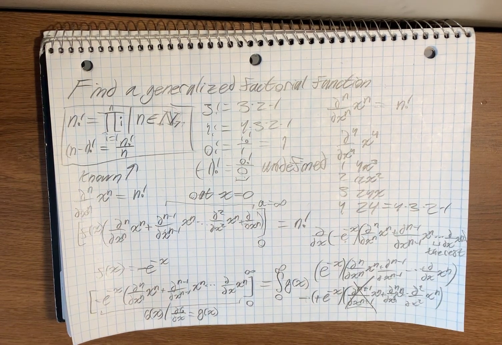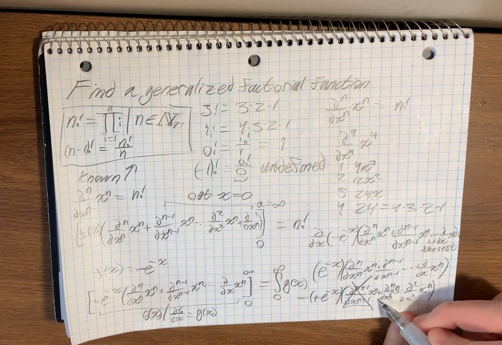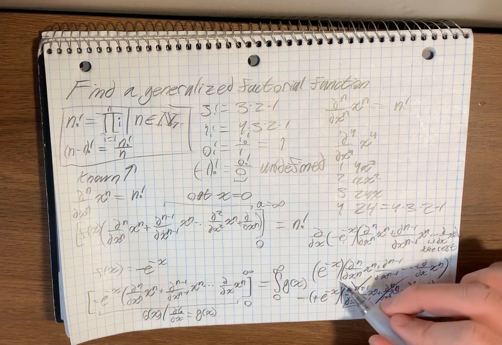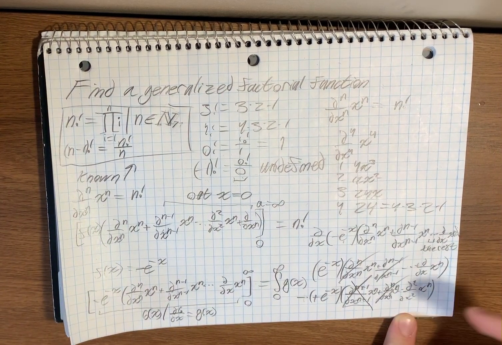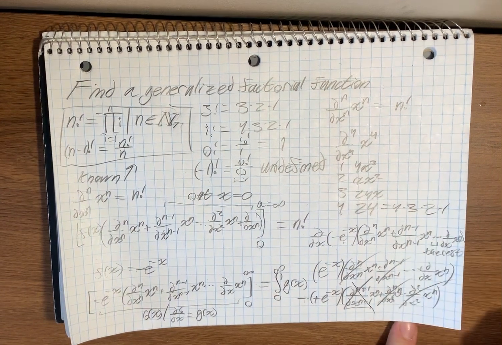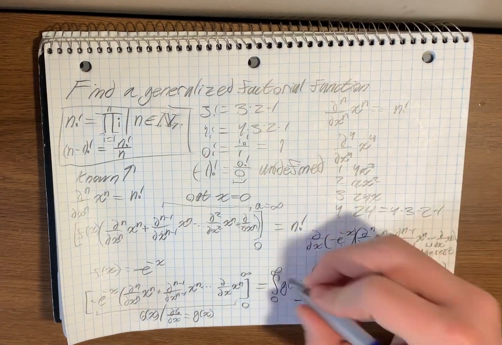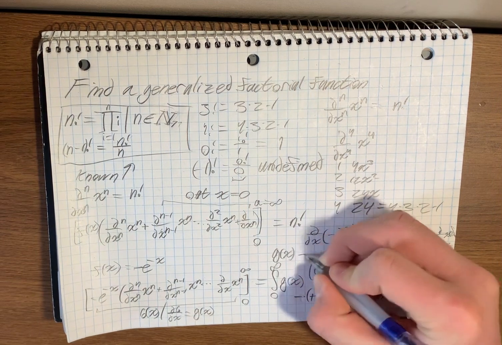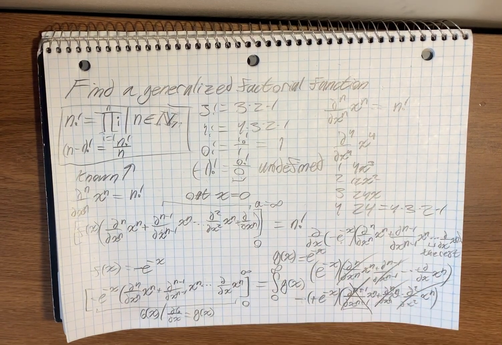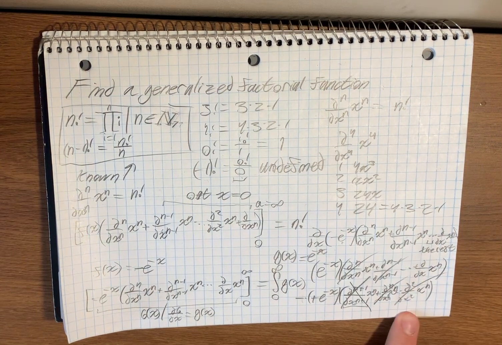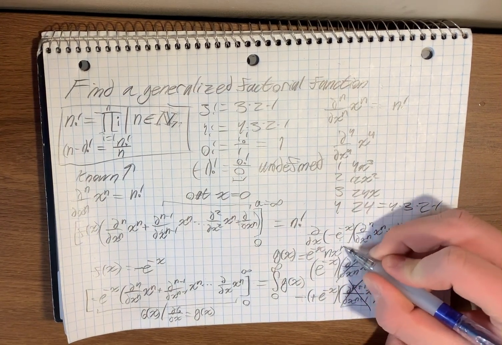And you'll see that we have some repetition here. We get this, and we can take that out. You're going to have this n minus 1 in there. You're going to have the second derivative in there. So everything cancels out. And we're left with g of x equals e to the negative x times the first derivative of x to the n, which is just n x to the n minus 1.